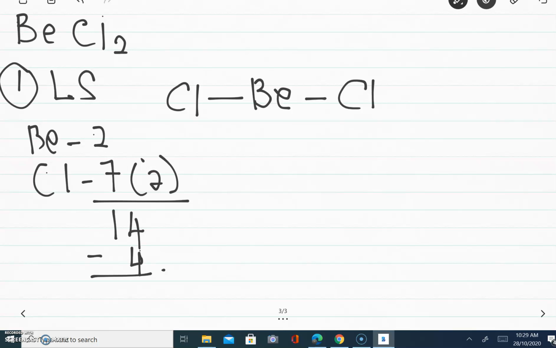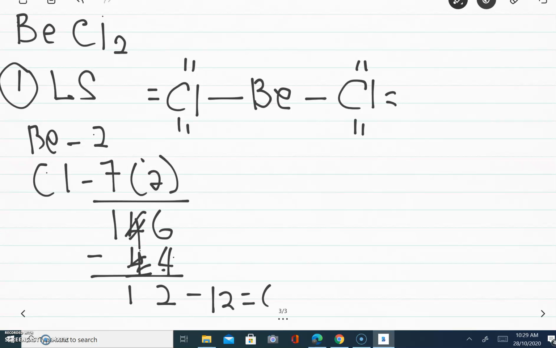So 16 minus 4 is 12 electrons, and the 12 electrons are placed onto the terminal atoms to ensure our terminal atoms are octet. Next, we calculate the formal charge for each atom.